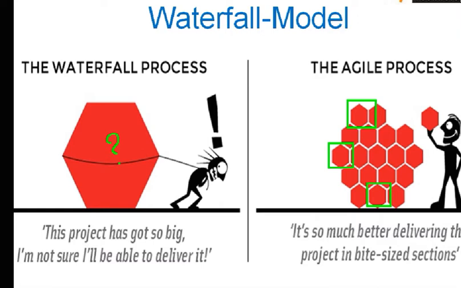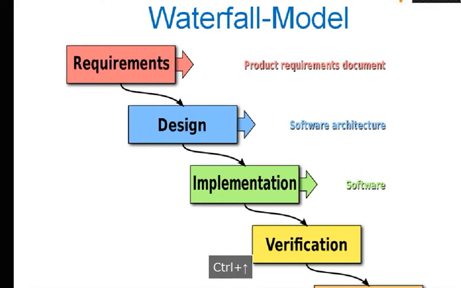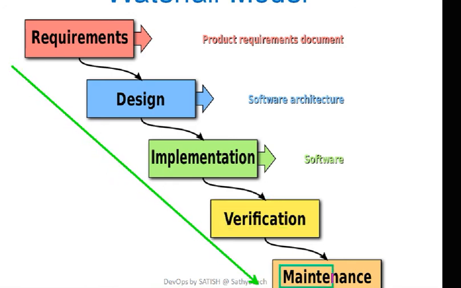In waterfall model we have different development phases like requirement gathering, design, implementation, verification and maintenance. So the developer will spend an amount of time to do all these phases.